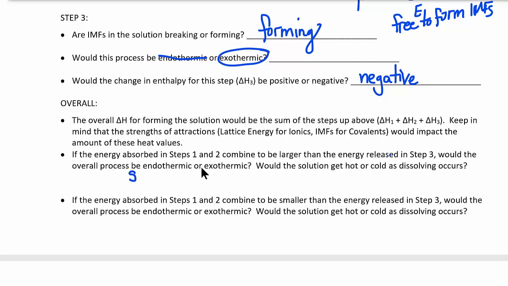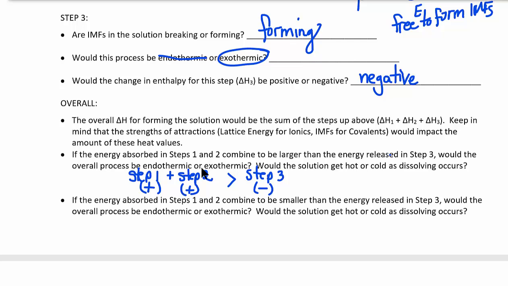So let's think about this. We've got step 1 and step 2, and these are positive values. It says if this is larger than step 3, or the energy released in step 3, which is a negative value, you're going to have a positive value.